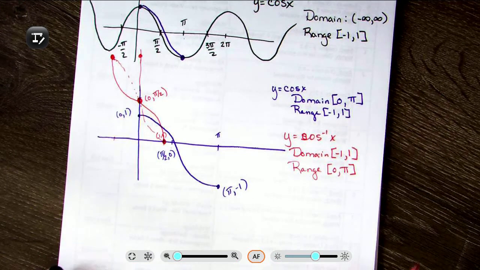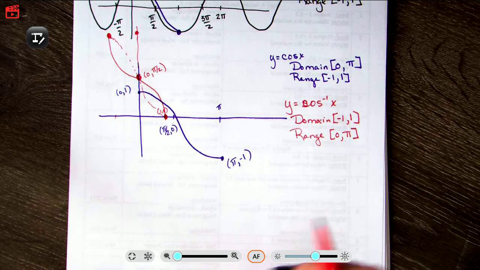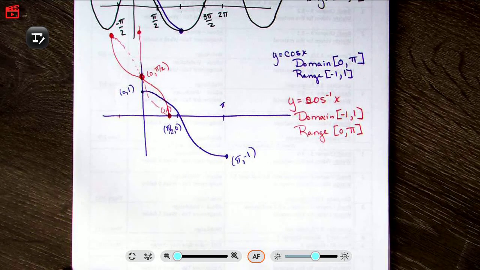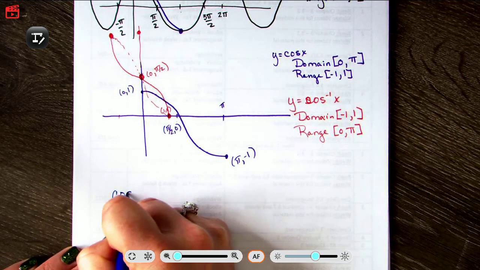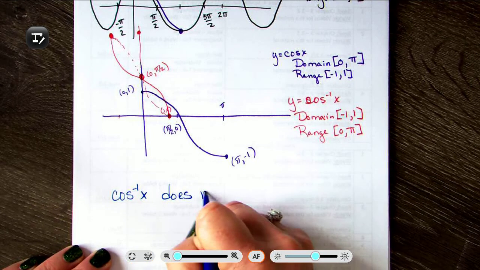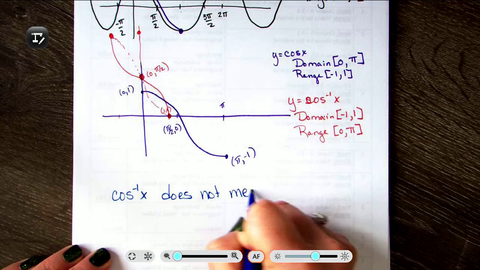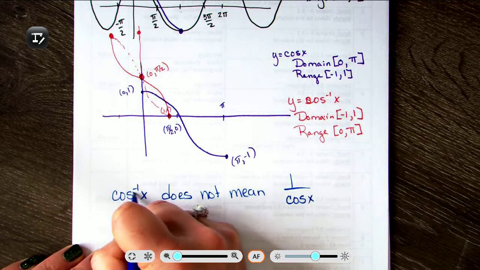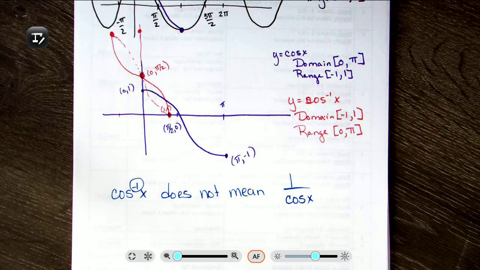So we can actually ask ourselves questions like, what is the inverse cosine of something? I do want to make a point though first, before I go any further, I want to remind you that this cosine to the negative 1 does not mean 1 over. Okay, so this is not an exponent.